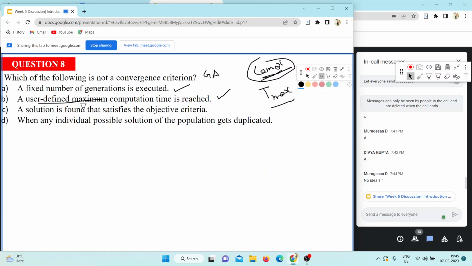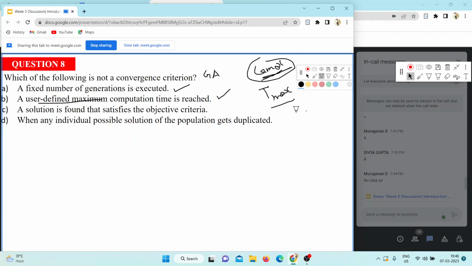Answer C, a solution is found that satisfies the objective criteria. Definitely, if you have to maximize an f1 function, and you found your desired value, so definitely your GA will terminate. So this is also a true statement.